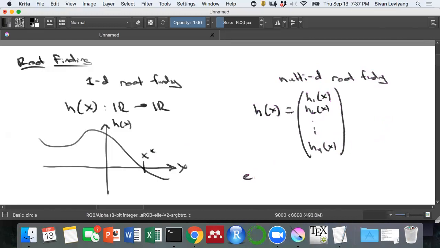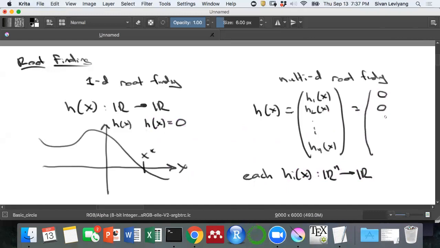Each hi of x is a function from Rn to R. We would like to find an x. Sorry, we want to solve h of x equals 0, but remember that in this case 0 is a vector.